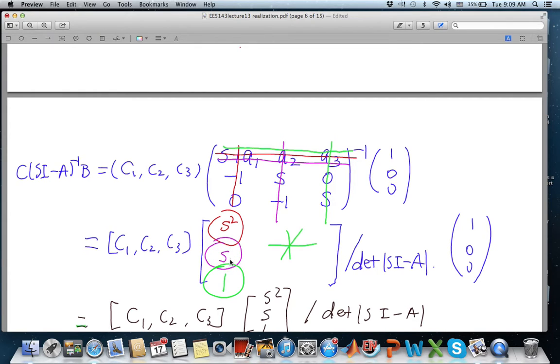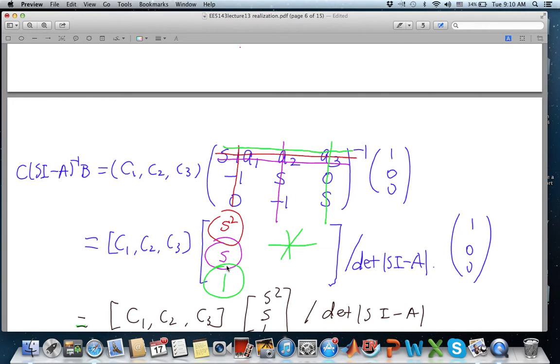The second element is the determinant calculated when I remove the first row, second column. When we calculate the determinant of negative 1, 0, 0, s, we get negative s. But it must be multiplied by negative 1 to the power of i plus j. Because it's first row, second column, i plus j is 3, and negative 1 to the power of 3 is negative 1. So I still get s.